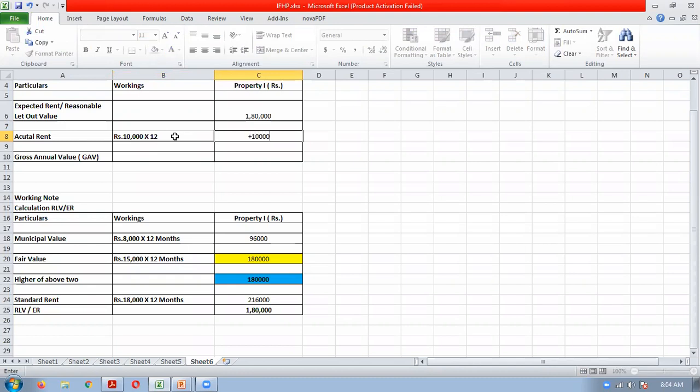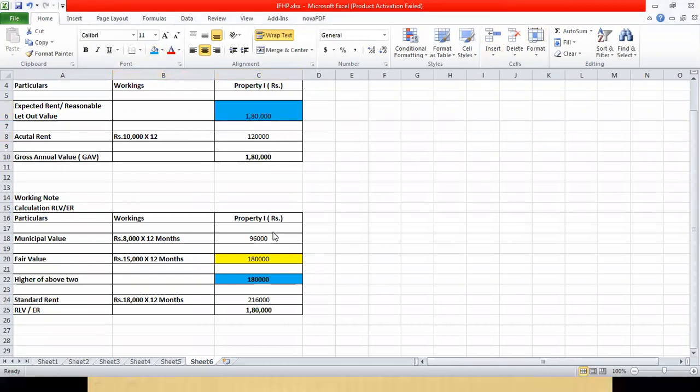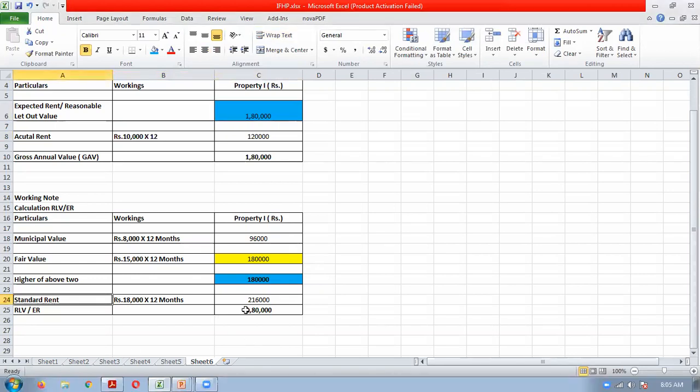And your GAV will be the higher of the two, that is 1,80,000. So only you have to remember, in case of standard rent, you have to take the lower value.